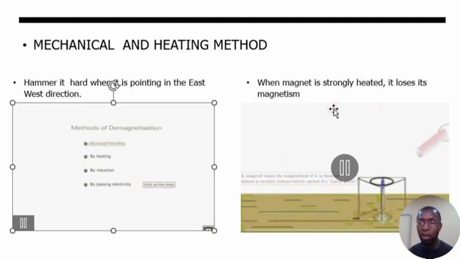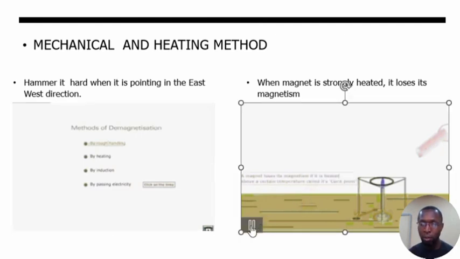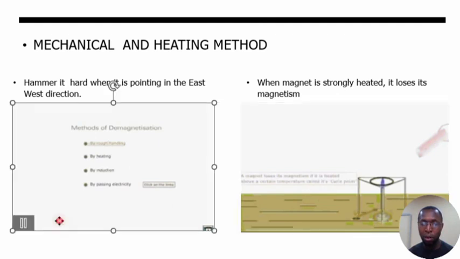When you leave it inside the fire or heat for some time, it will also lose its magnetism. So these are the three different ways of demagnetizing a magnet: the electrical method, the mechanical method, or the heating method. Any of the three will make the magnet lose its magnetism.